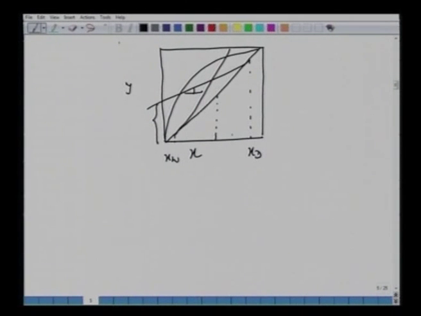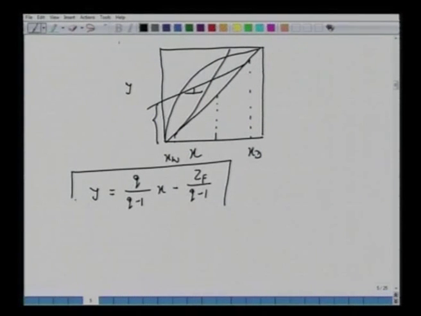So go back to this equation, which we should write here again: y equal to Q over Q minus 1 into x minus ZF over Q minus 1. And here, like in the previous case, if we substitute x equal to ZF, we should be able to get y equal to x. Right?